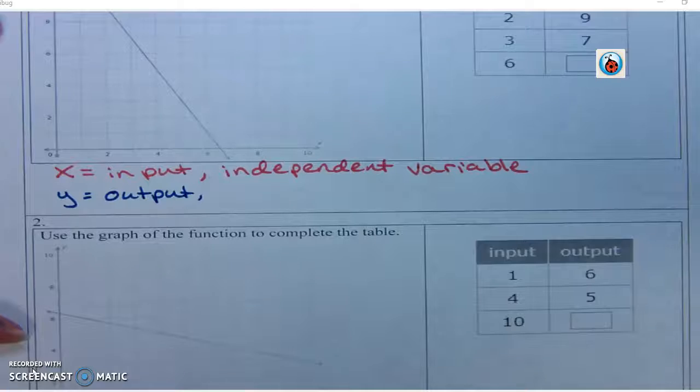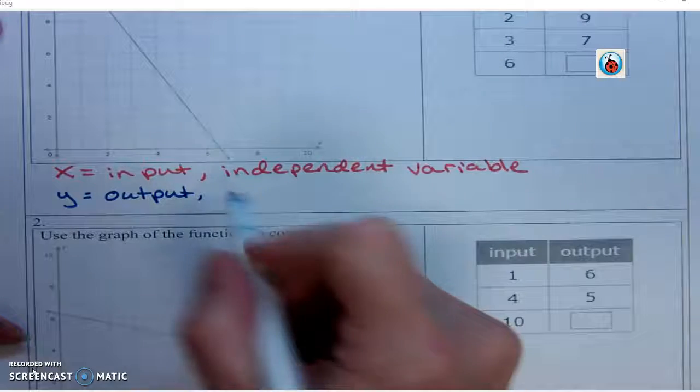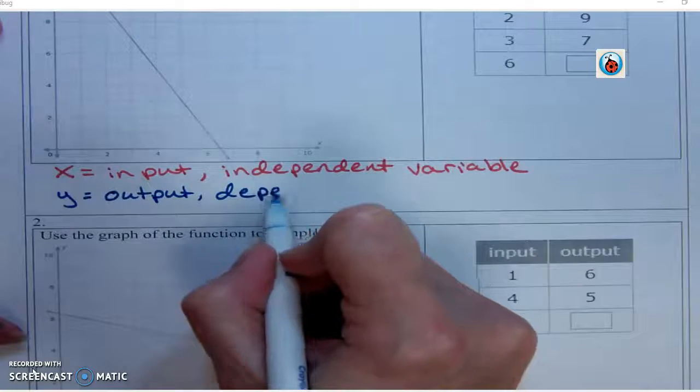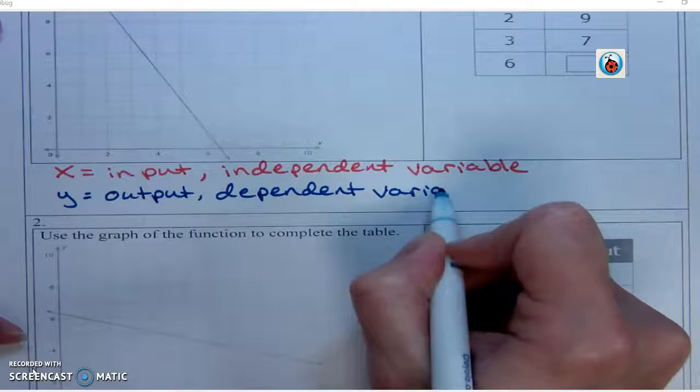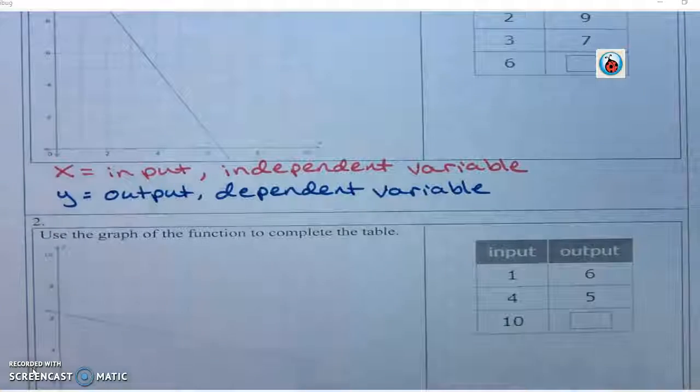And it is your dependent variable. All right. So now that we know those two definitions, let's go back and begin to explore our first problem on this handout.